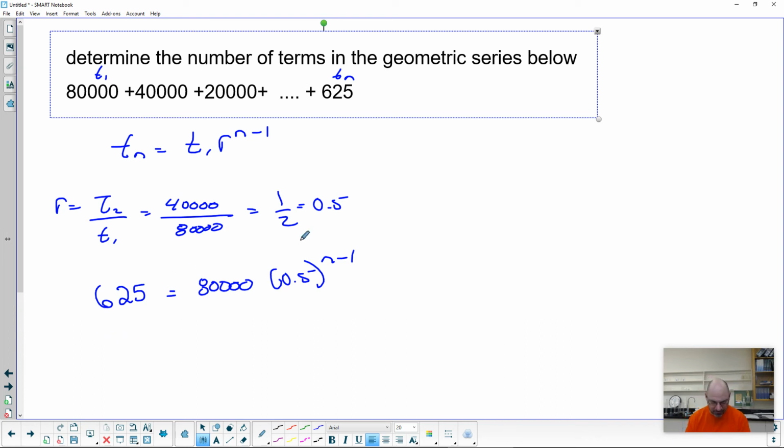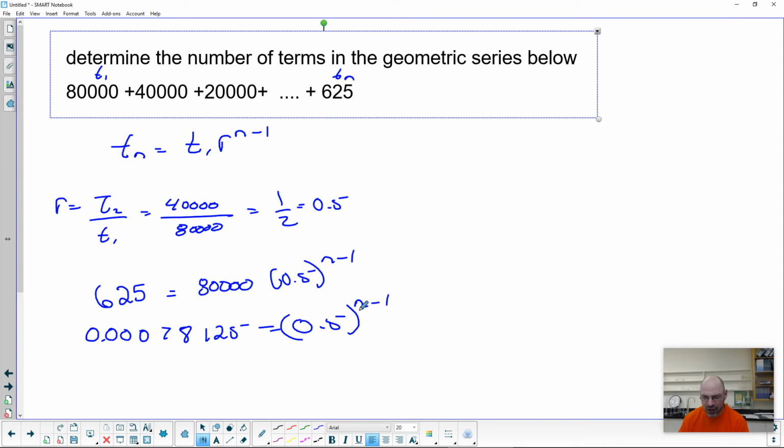You get a really small number, but don't round it. Write it out: 0.00078 equals 0.5 to the power of n minus 1.